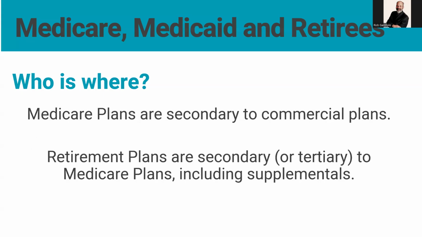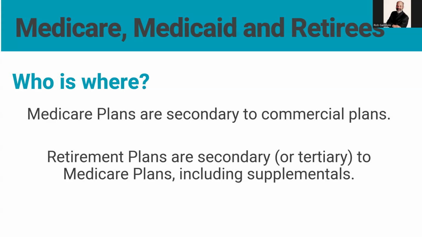So now again, remember those Medicare plans are secondary to commercial plans. Retirement plans are secondary to Medicare plans. So you could have a patient who has a commercial plan through Target, they have a Medicare Advantage plan, and they have a retiree plan from their union where they worked their whole life, retired from, went to work at Target part-time, and got the coverage through Target.